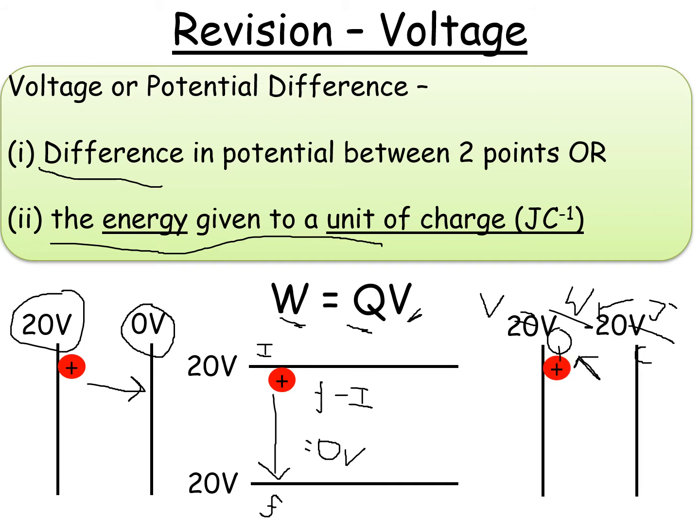And then the final one, again, I'll rub this out so you can see it. What's the potential difference here? Well, again, let's just use the same technique I used before. This is the initial. This is the final. So again, the difference is the final minus the initial.